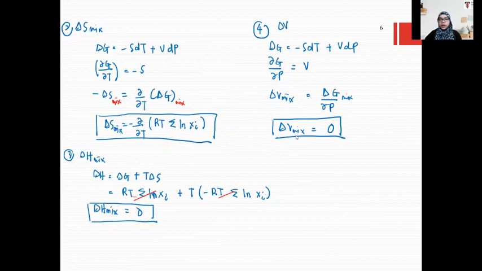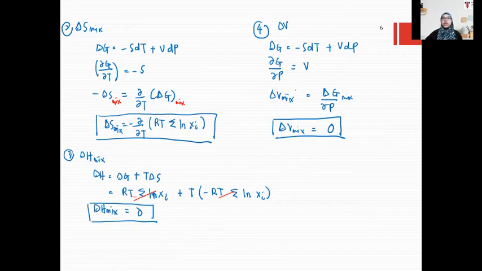So from this derivation, we can conclude that the change of the enthalpy and the change of the volume are equal to 0. What we are going to do next is to proceed further with the heat of mixing, for both properties, enthalpy and volume.